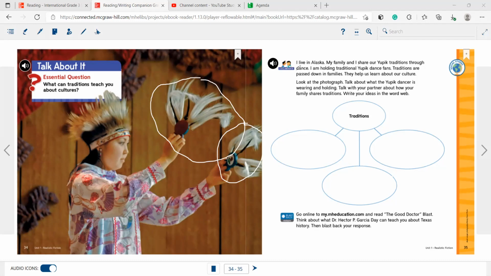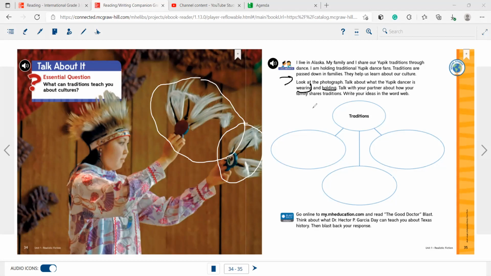You're supposed to do what? They asked you to look at the photograph very closely and then talk about what Yupik dancers are wearing, so their customs and what they are holding. Then discuss it with your partner. Since we're not at school, you can discuss it with your partner.